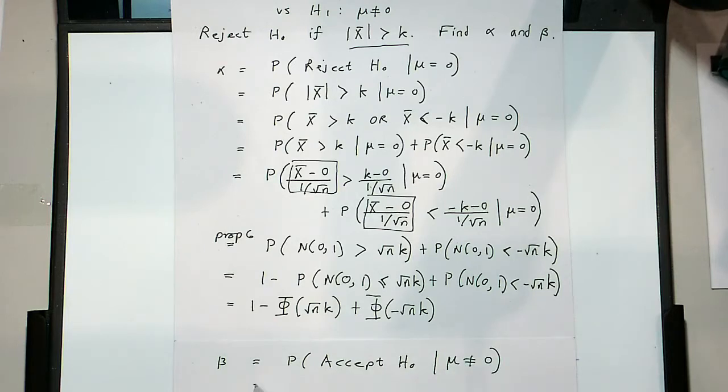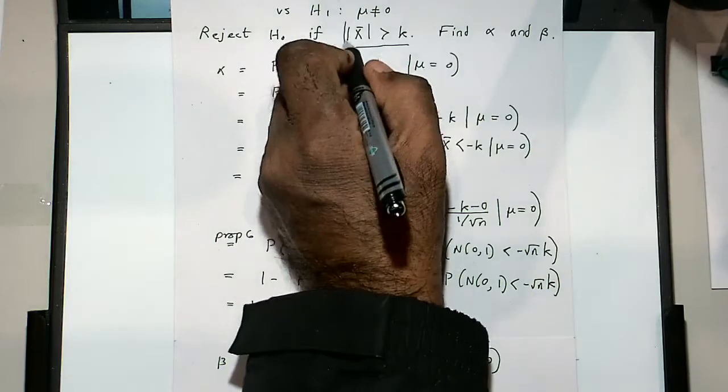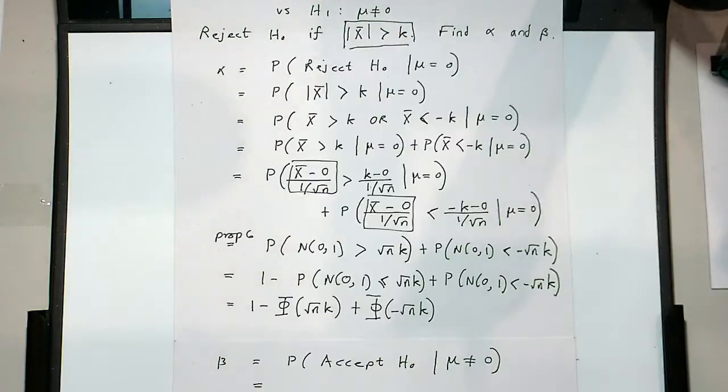So the rule for accepting would be the probability that the absolute value of x bar is less than or equal to k, given mu is not equal to 0.